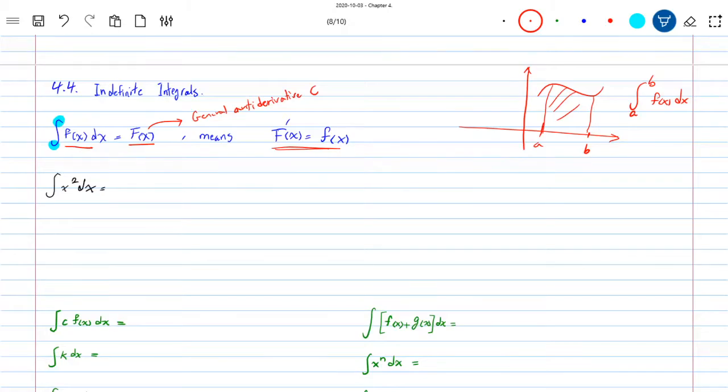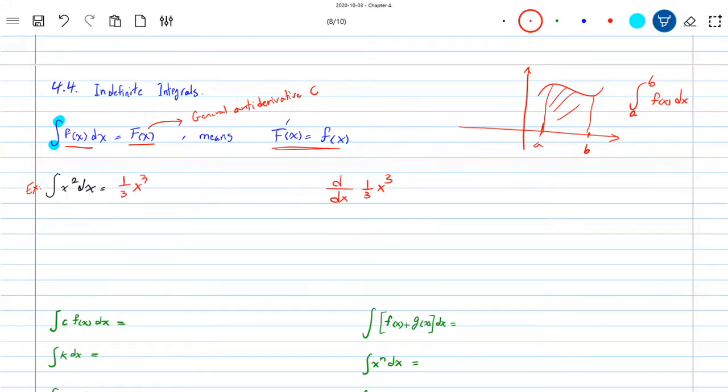So this antiderivative, the capital F function, is basically the antiderivative. For example, if they ask what is the integral of x squared, we learned that the antiderivative would be the function x cubed over 3. Because if we take the derivative of x cubed over 3, let me write it as 1/3 x cubed, this is easier to calculate.